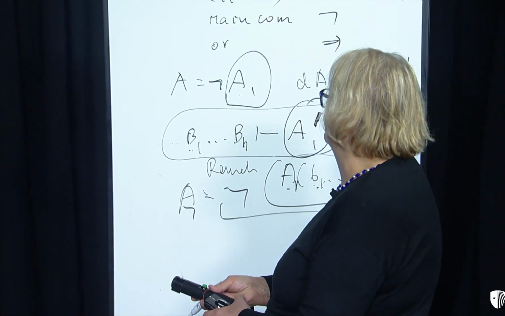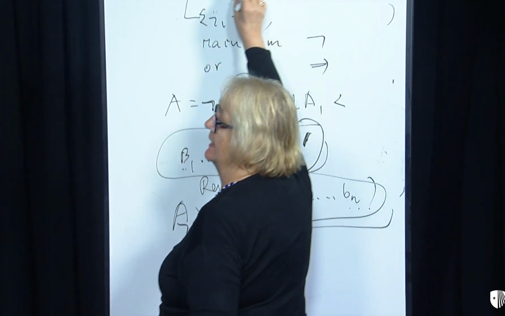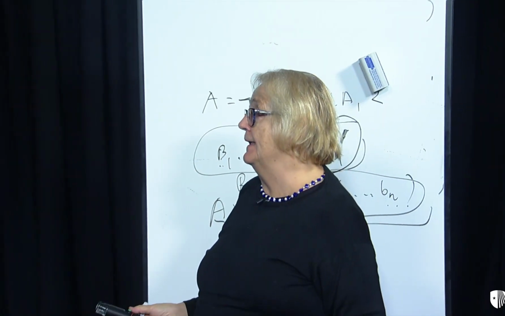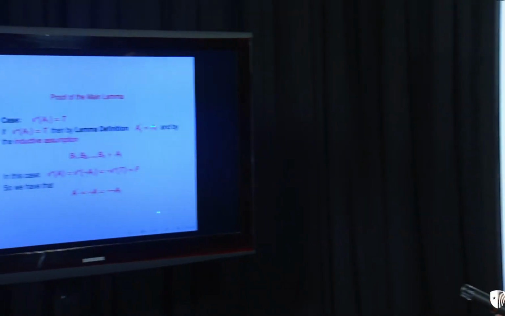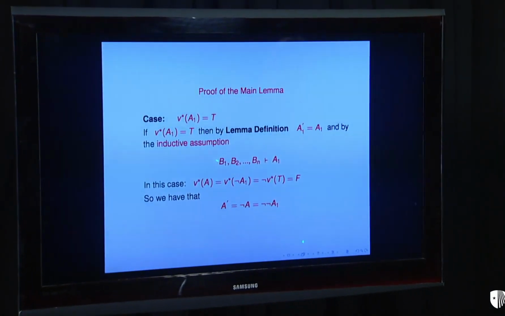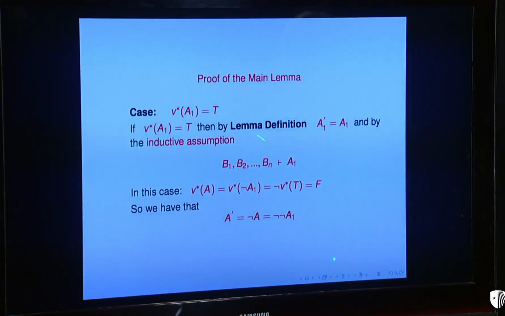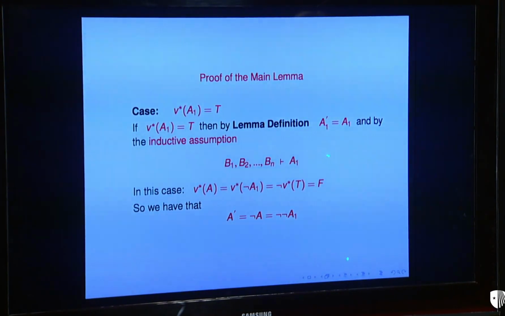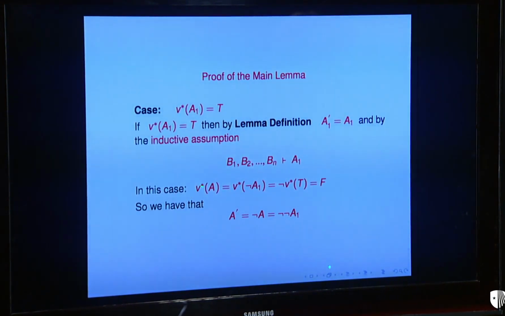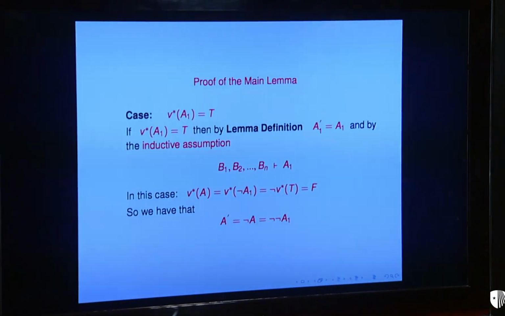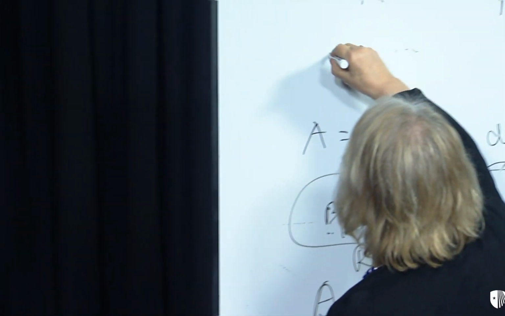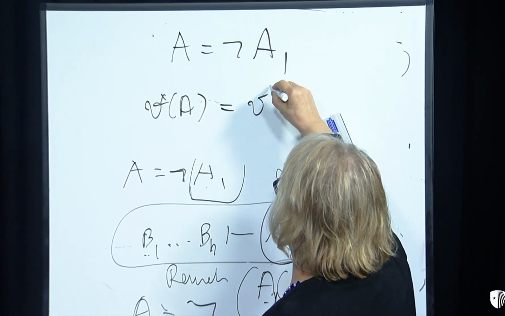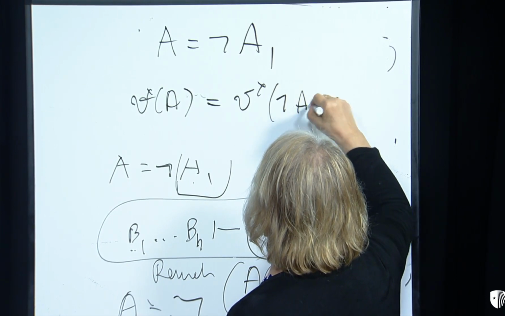So again, we have two cases. Our V of A1 is true. So by the lemma definition, A1 prime is A1. By inductive assumption, all these B's, depending on our V, prove A1. So in this case, V of A, our A, is not A1. So V of A equals V star of negation of A1.